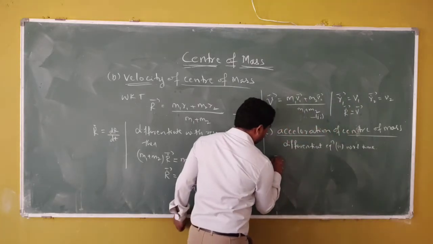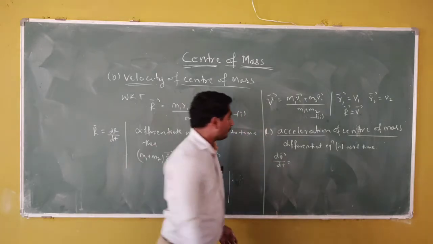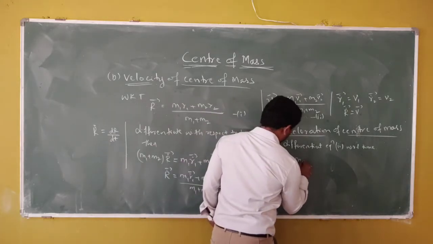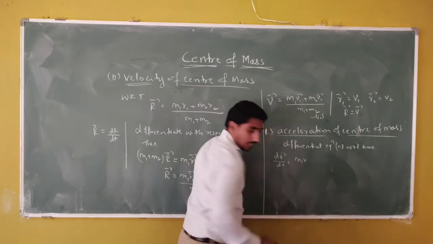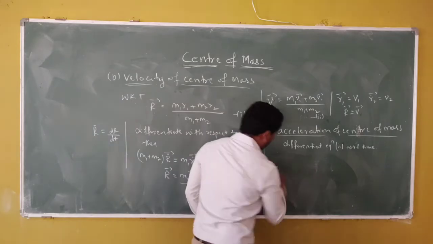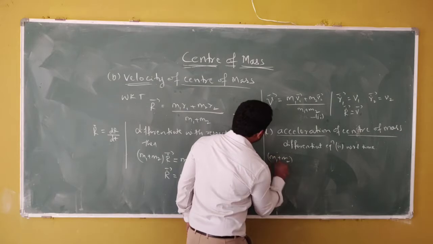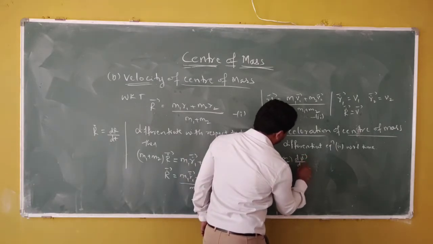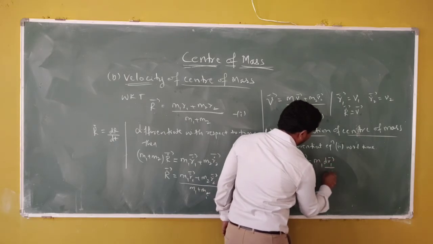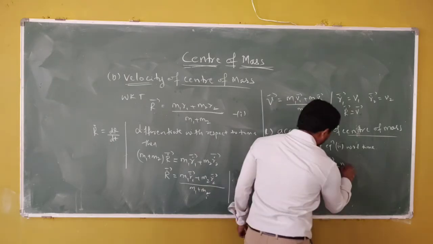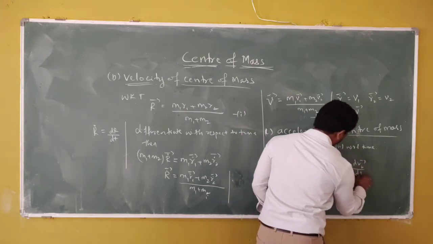Then m1 plus m2 times dV by dt is equal to m1 dv1 by dt plus m2 dv2 by dt.